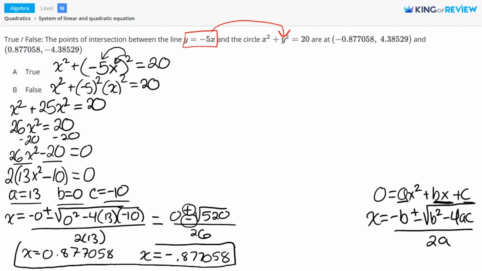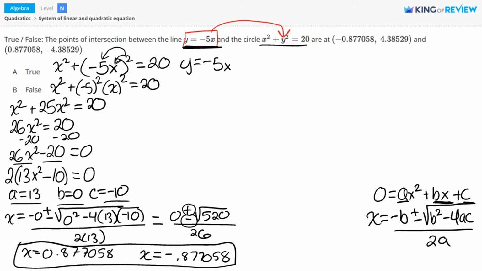These represent the x coordinates of the points of intersection. Now we need to find the y coordinates of the points of intersection. We do this by plugging in these x values to either one of these two equations and solving for y. I'm going to choose this equation here, y equals negative 5x.